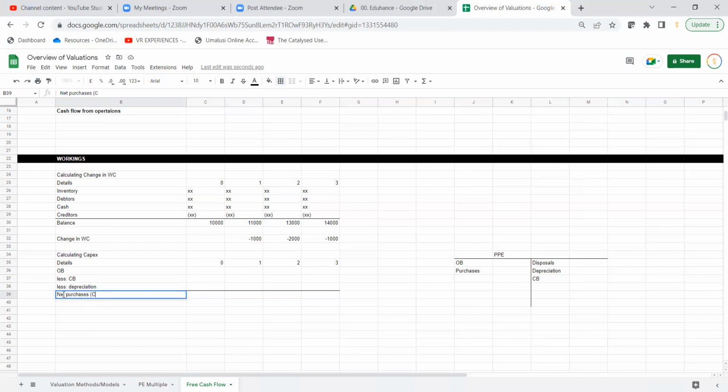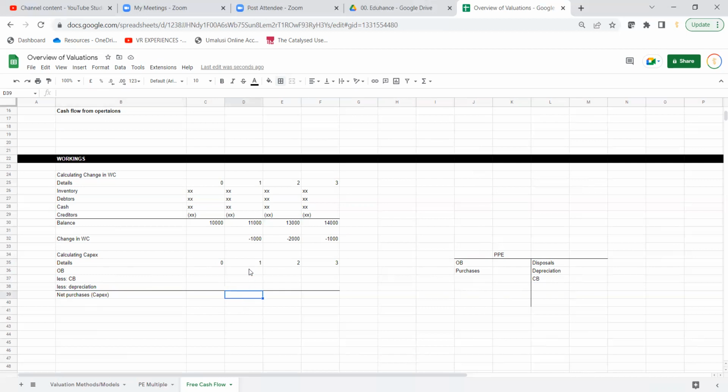So here you can see opening balance, closing balance, depreciation. Then we get net purchases. Net purchases is purchases minus disposals. That is our capex.